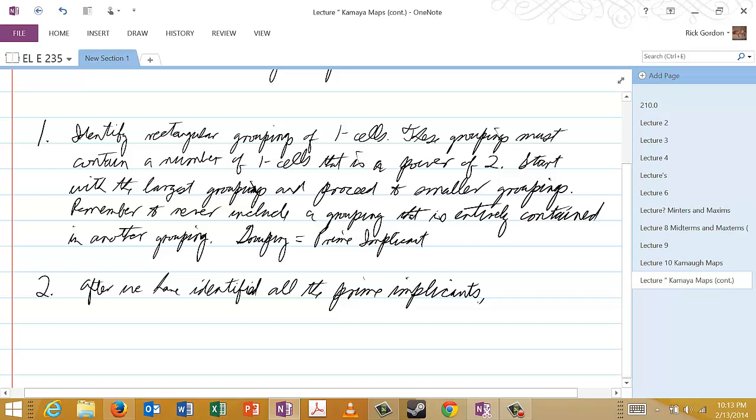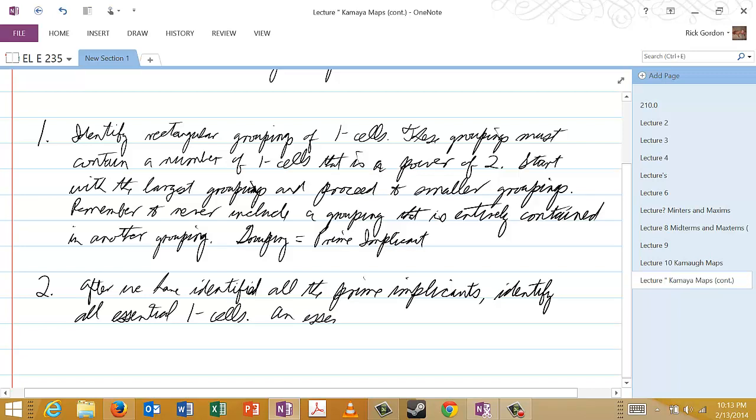Now, after we've identified all the prime implicants, the next step will be to identify all essential one cells. Now, what is an essential one cell?